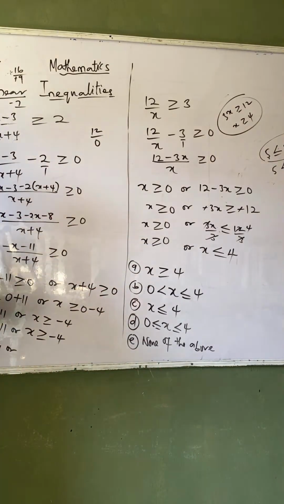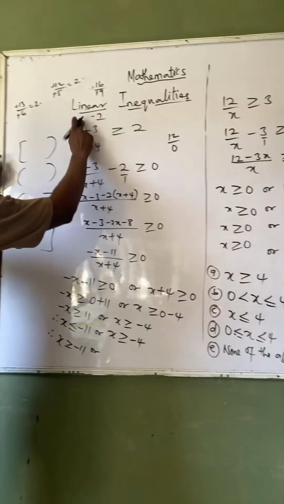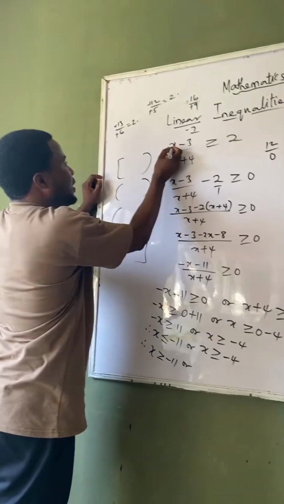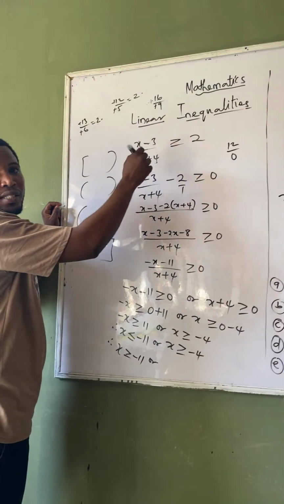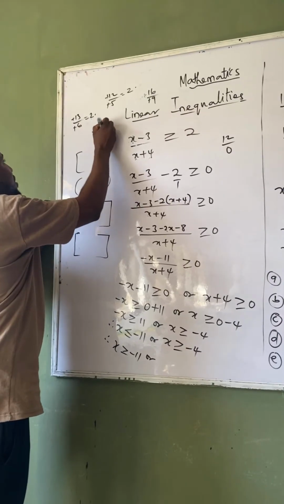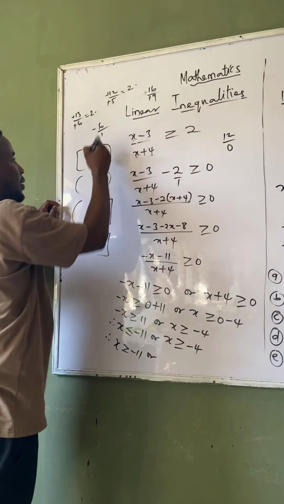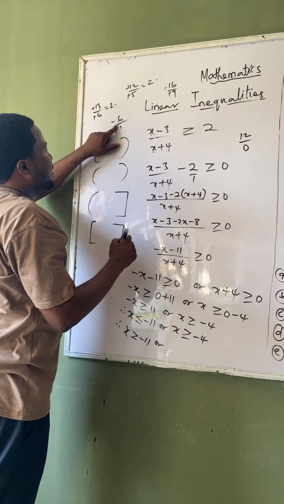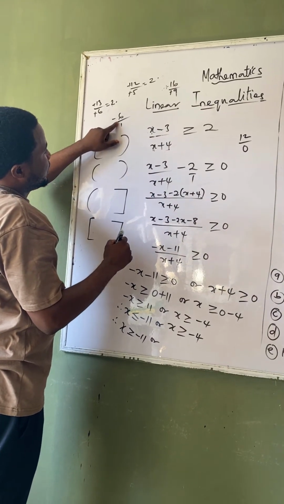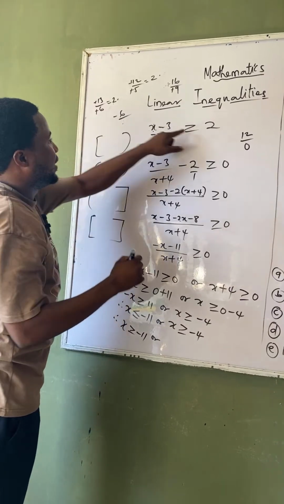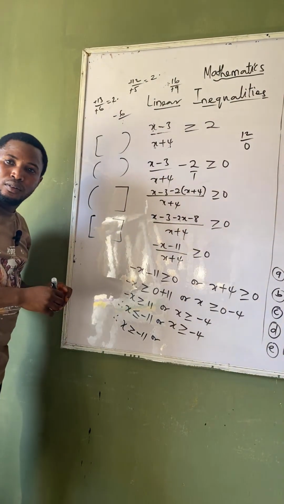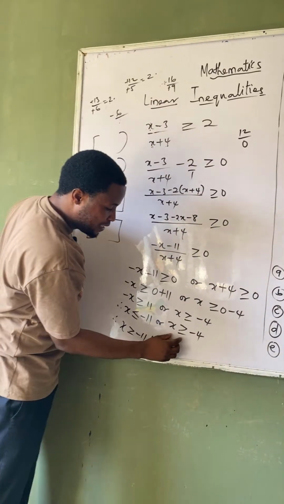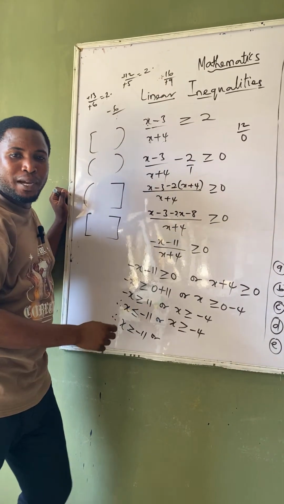So guys, let me try minus 3. Can minus 3 work? Minus 3, minus 3, is that minus 6? Minus 6 divided by minus 3 plus this 1. Okay, is minus 6, am I correct like that? Yeah, is minus 6 greater than or equal to minus 2? No, it can't.